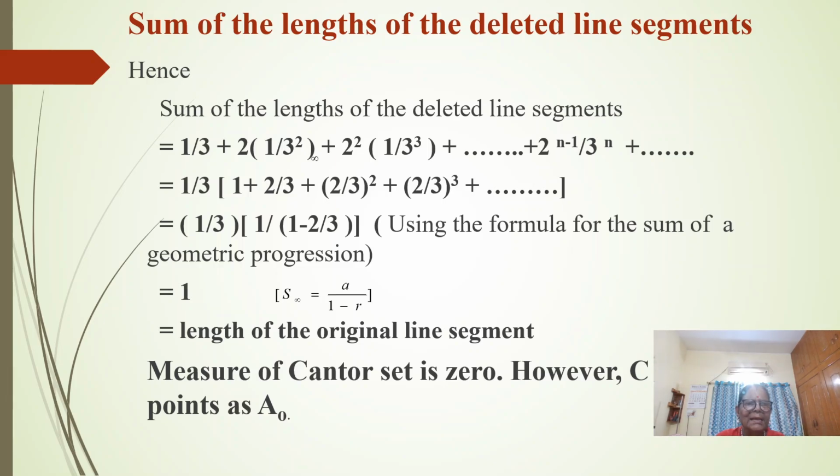So we see that the sum of the lengths of the deleted line segments comes out to be 1, and that is the same as the length of the original line segment.